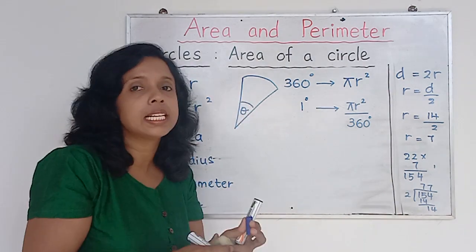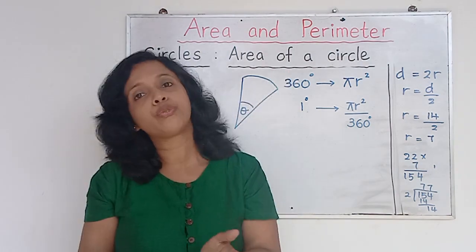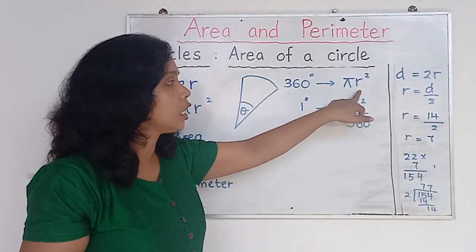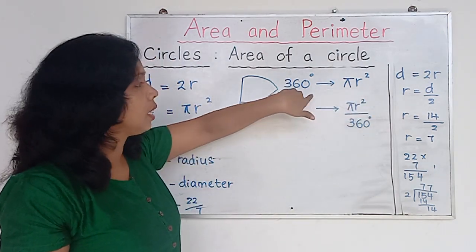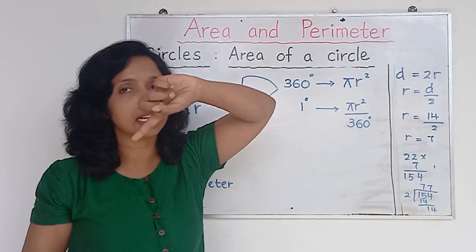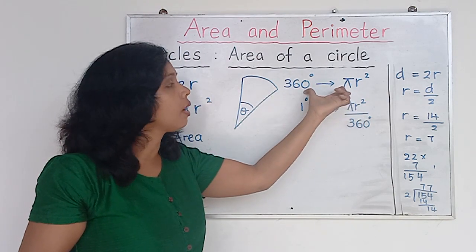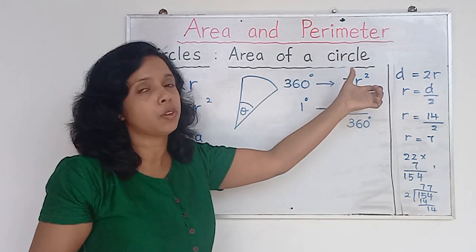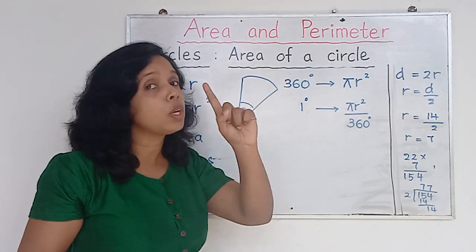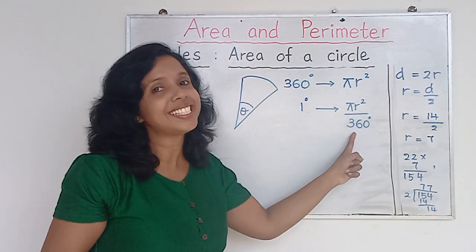The full circle is 360 degrees, and the area of the full circle is πr squared. So I can say 360 degrees equals πr squared, and if it is 1 degree, πr squared divided by 360.